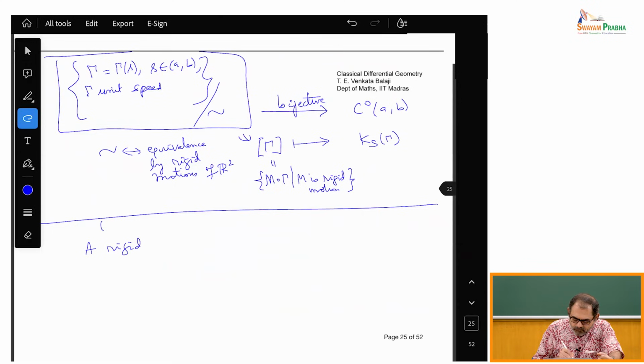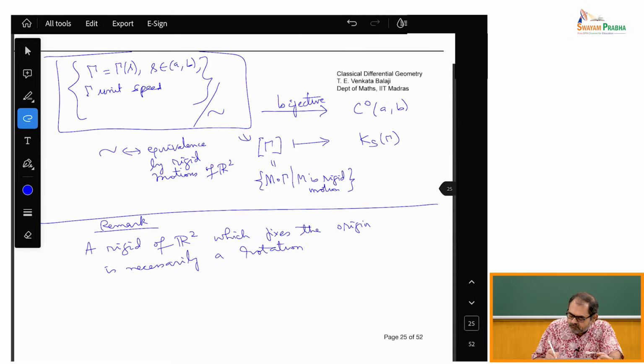So you see, here is a remark: a rigid motion of R2 which fixes the origin is necessarily a rotation R theta, which is going to be given by cos theta, sin theta, minus sin theta, cos theta.